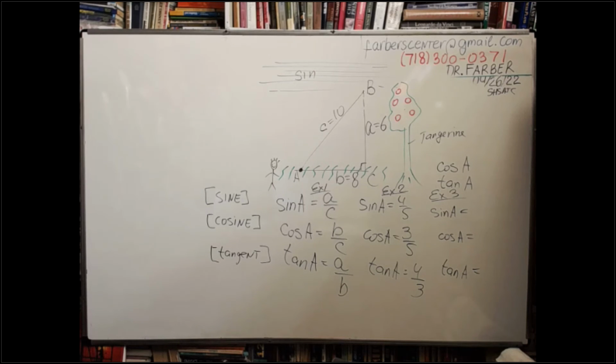B equals 8, and C equals 10. And then for tan A, same thing. A is 6, and B is 8, so 6 over 8. Excellent, A plus. Good. Nicole, do you want to add something? No, not really. I did the same thing as he did.